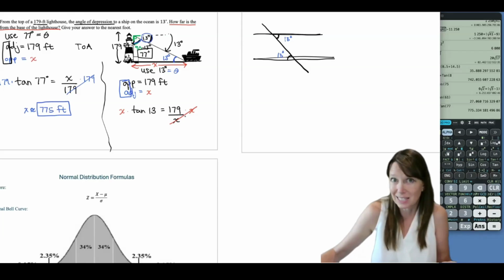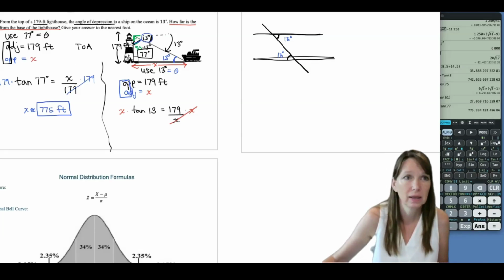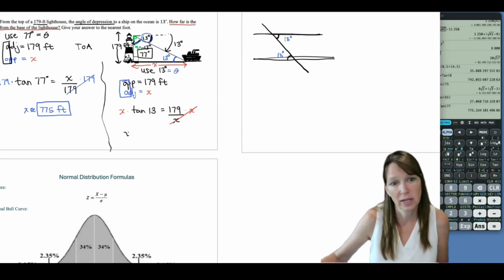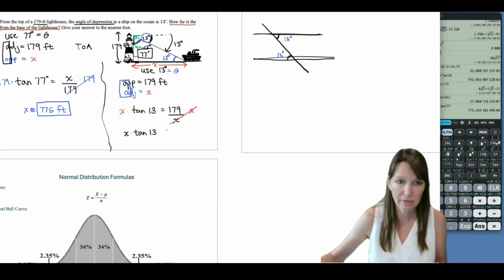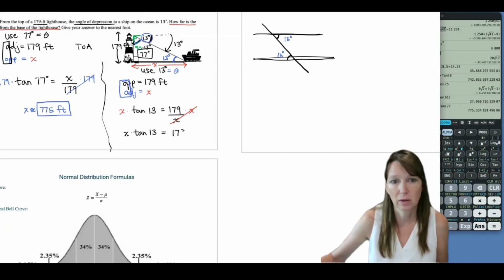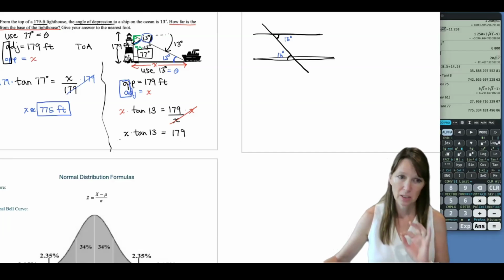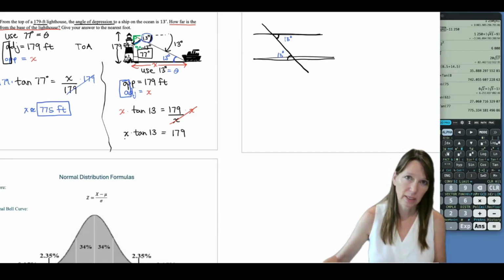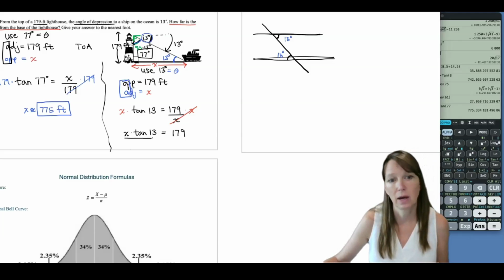But this time the x's cancel on the right, leaving me x times tangent of 13 on the left and 179 on the right. Okay, so now I still need to solve for x because x isn't isolated. Since it's being multiplied by that tangent, I'm going to divide by the tangent of 13.